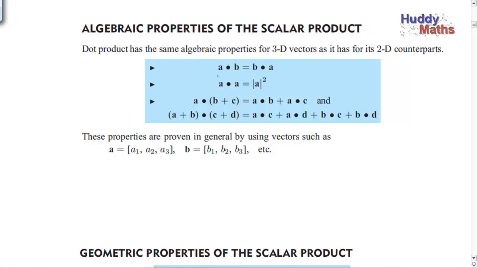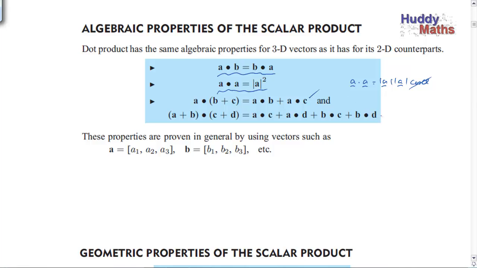Okay, so the rules are the same for the same reason. You can go through and prove them with an extra component. A dot B is B dot A, it's commutative. A dotted with itself is the length of A squared, because cos of naught is 1. If you remember that, A dot A equals length of A by length of A by cos of theta, the angle between A and itself, cos of naught is 1, so it's length of A squared.